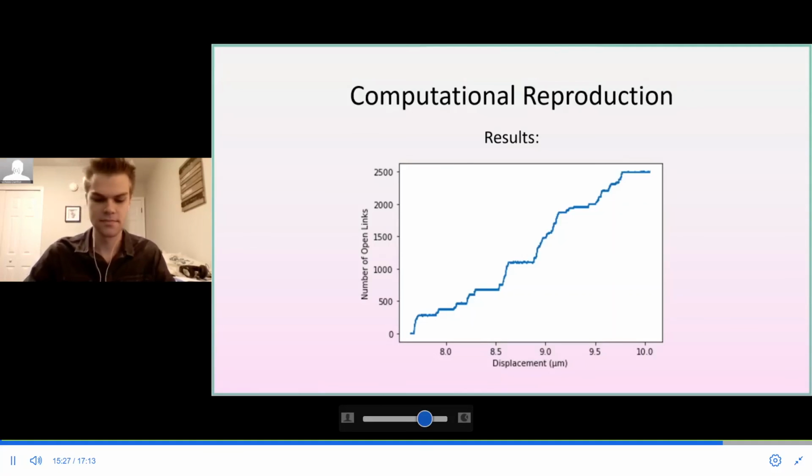So I have a question for you. This is a statistical phenomenon. If you repeat this, do the sudden openings occur in the same locations on the DNA? Are those like soft spots of the DNA, or are they random? Yes, that's a good question. There is, in fact, a pattern that emerges, which is that the stick sections, the periods where the force will gradually increase without any new links opening, are more likely to appear in the CG dense regions of the DNA.